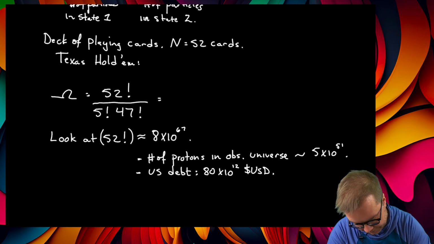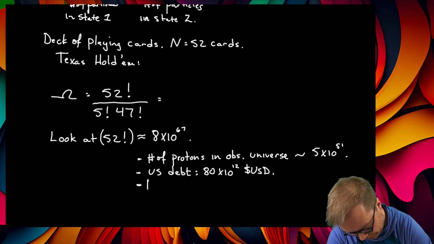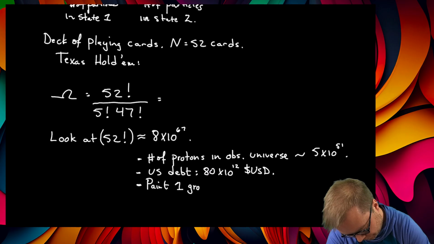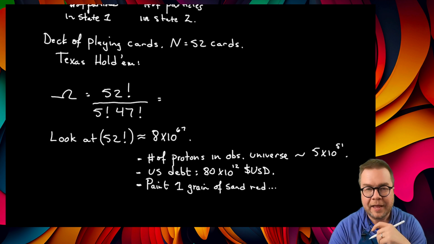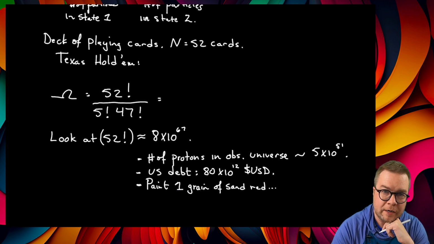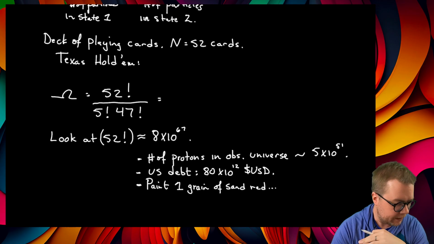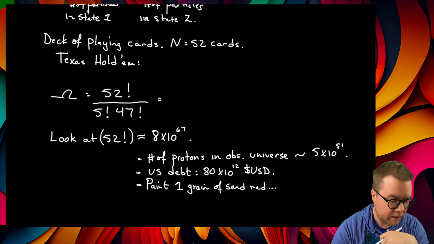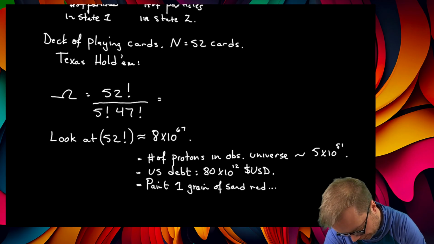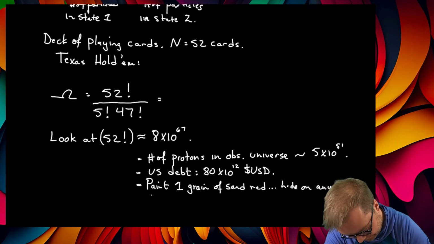Let's say that I paint a grain of sand red. I paint 1 grain of sand, and I let you put it randomly on any sandy surface, beach, desert, whatever, any sandy surface on the face of the earth.